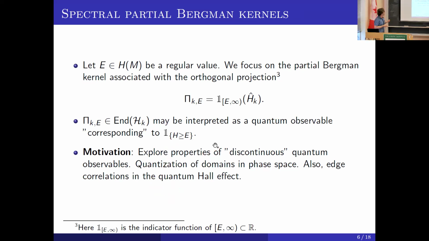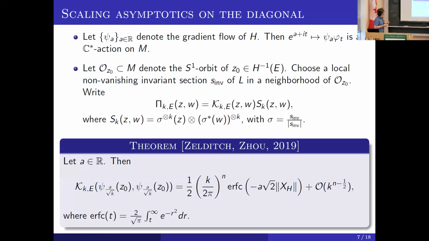Now I can state, first of all, a previous result by Zelditch and Zhao, where they consider the behavior of this Schwarz kernel over the diagonal. There are some notations here that we need to absorb. First of all, there is this gradient flow, because we want to look in the gradient direction.